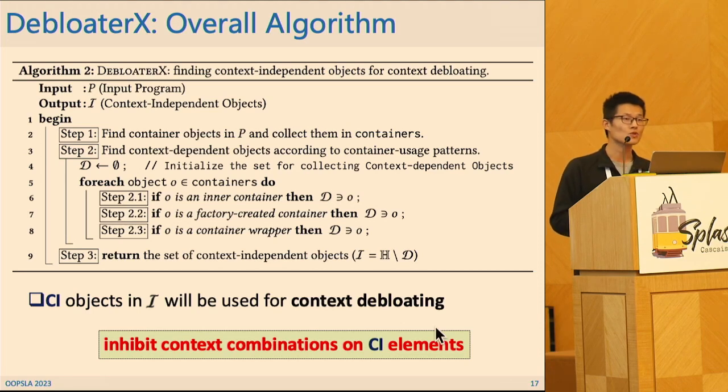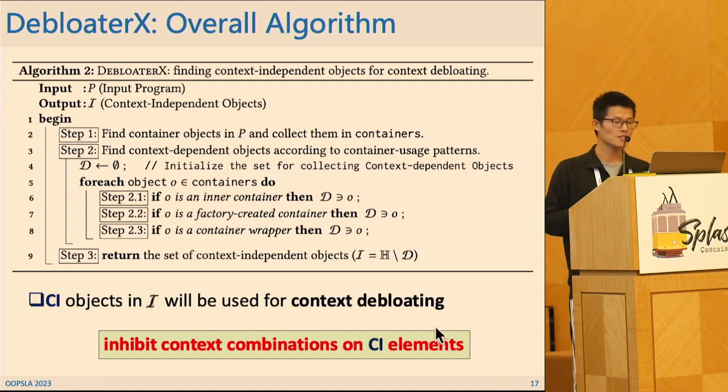In step 2, for each container object, we check whether its usage pattern belongs to any predefined usage patterns. If yes, we select it to be context-dependent. And in step 3, we return all the context-independent objects to the main pointer analysis for context-debloating.